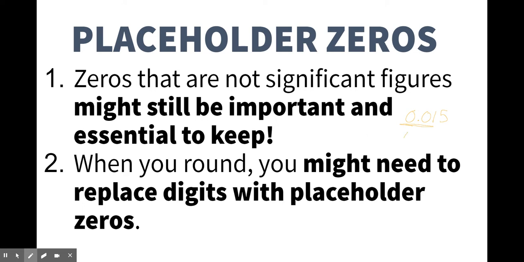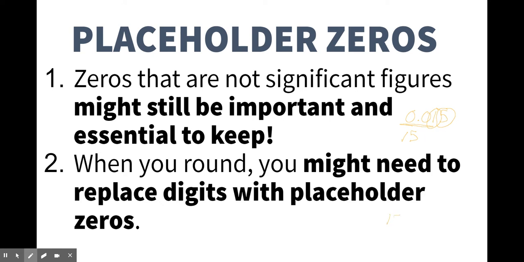If they weren't there, the number would be 15. The number is not 15. The number is 0.015. Those zeros are really important to be there, right? Because they keep the 1 in the hundredths place and the 5 in the thousandths place. In other words, they are placeholder zeros. They keep the other significant figures in their places.